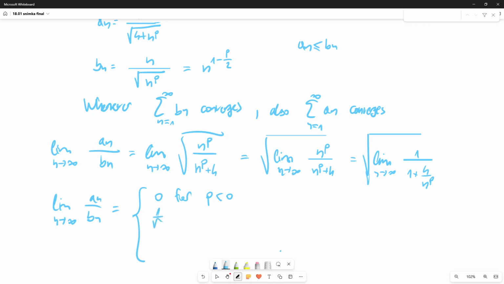So 1 over square root of 5 for p equal to 0. And when p is greater than 0, then we have a domination of this term over this term, since this term goes to 0. And the answer in that case is 1.